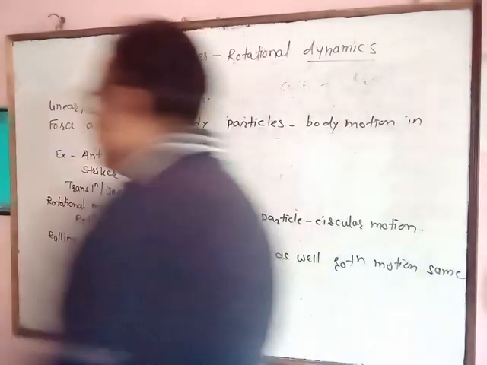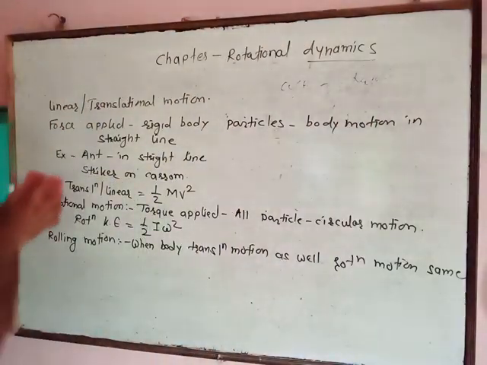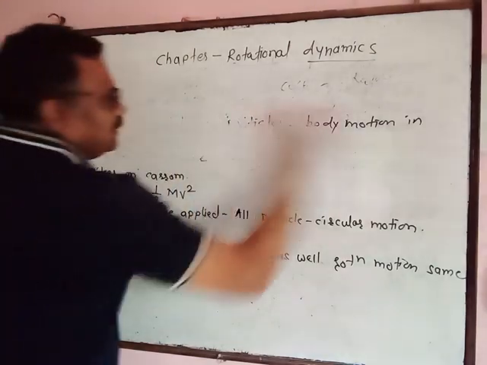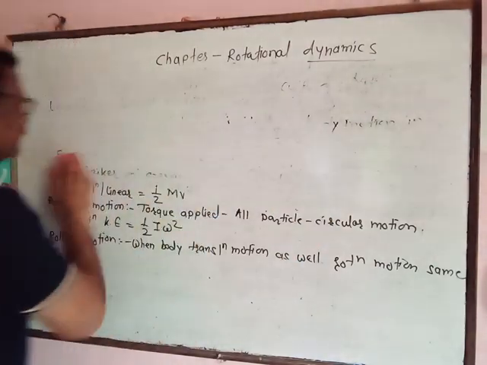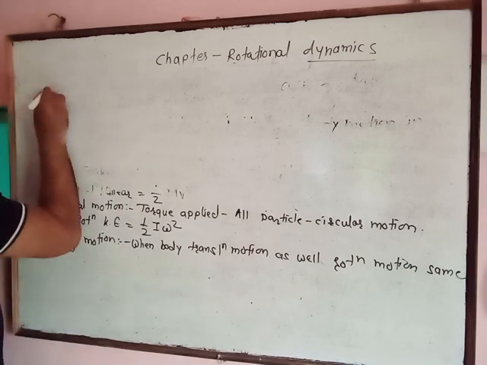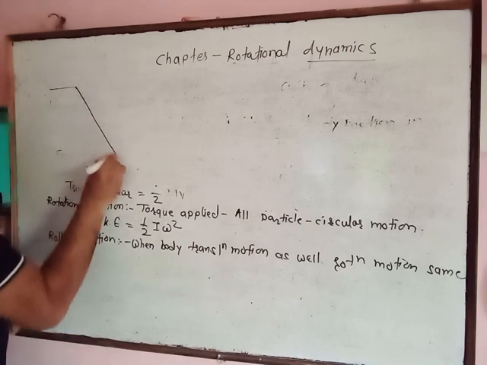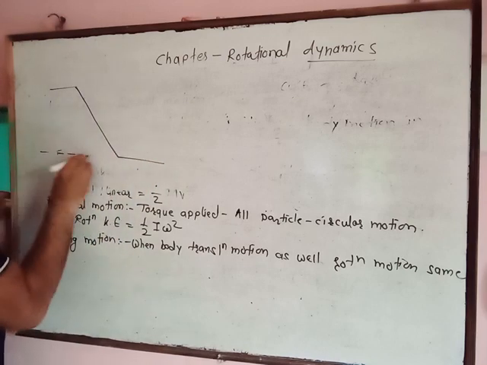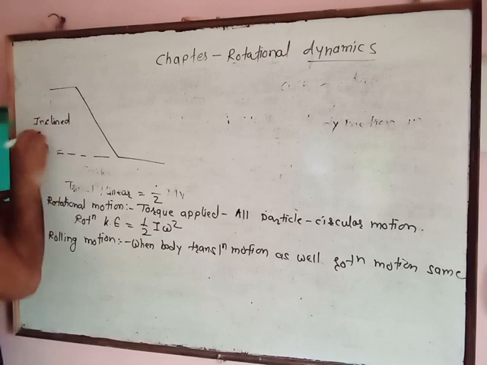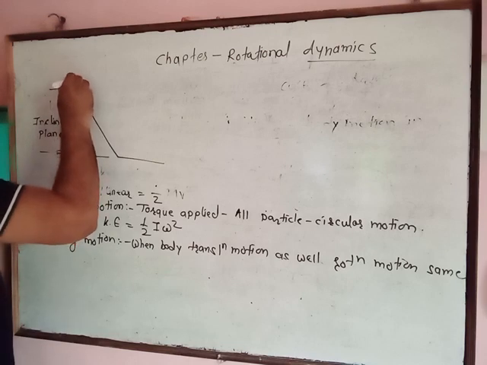Now we give an example of rolling motion. Consider this is an inclined plane. And let us consider a coin is released from the top of the inclined plane.